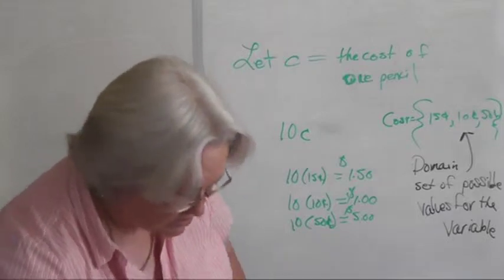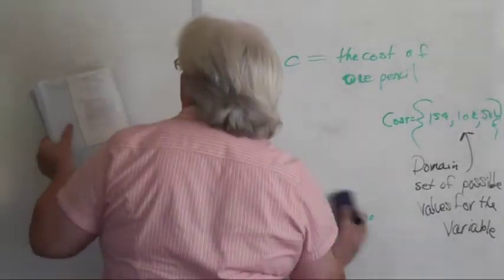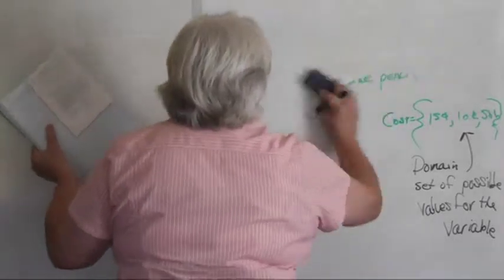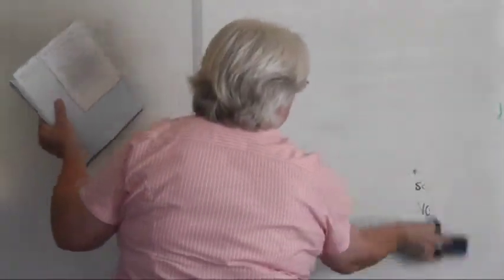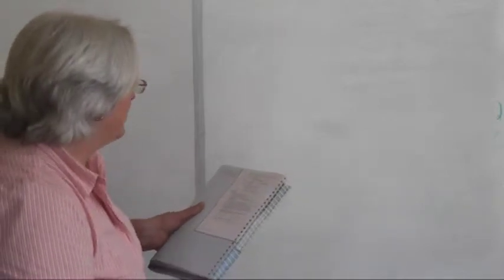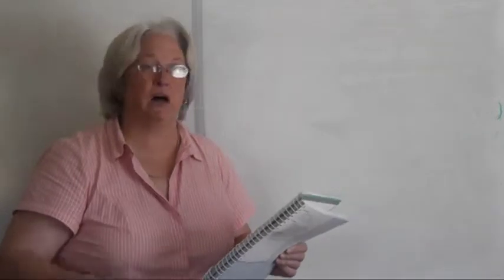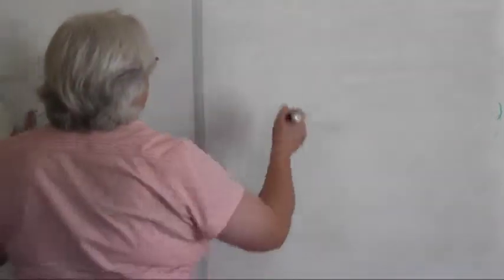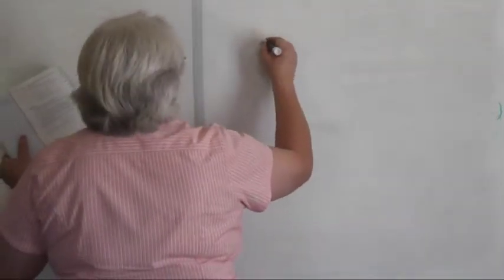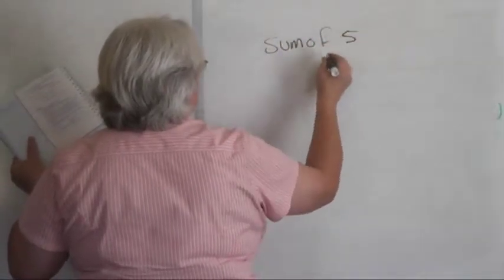Let's do one or two more right here. This is example number 3. And we are on page 88. Page 88 says, write an algebraic expression to represent the sum of 5 and any real number n.